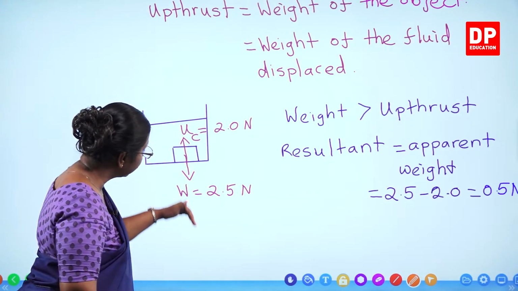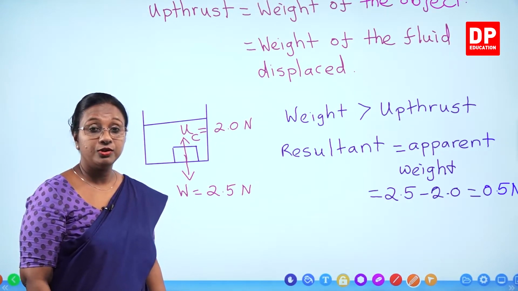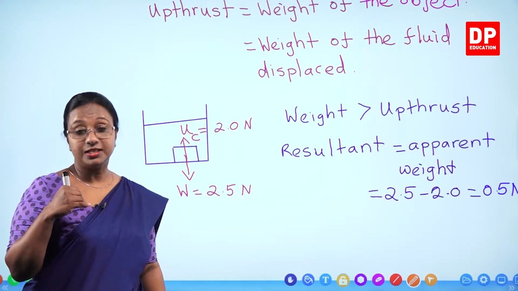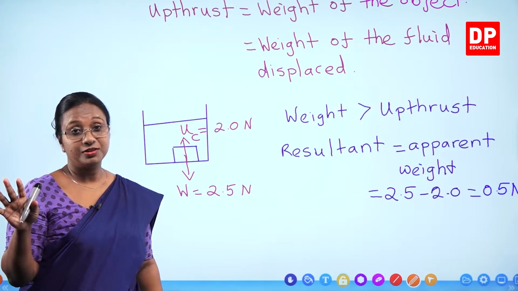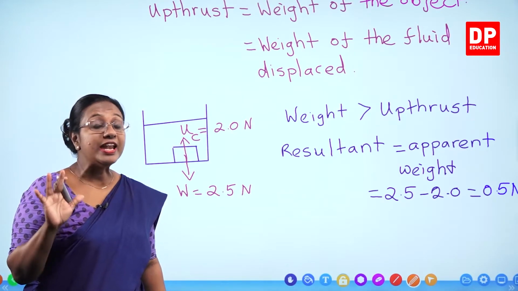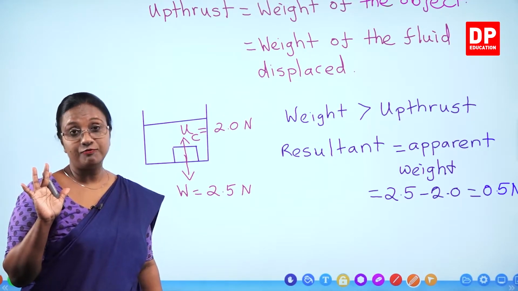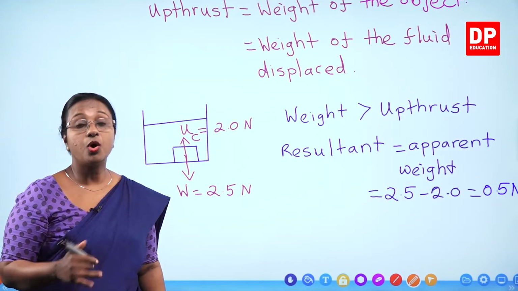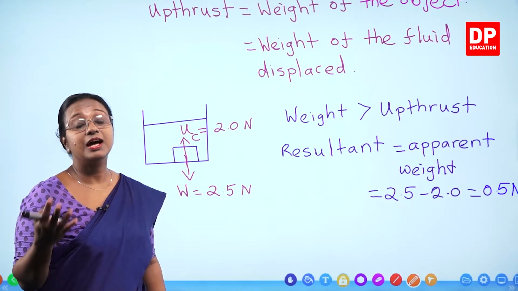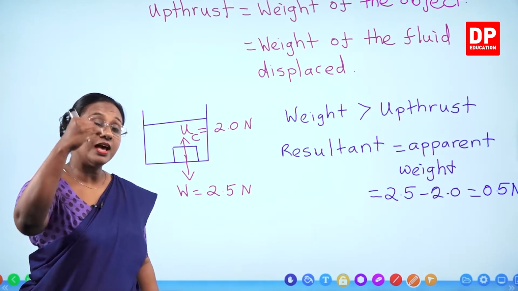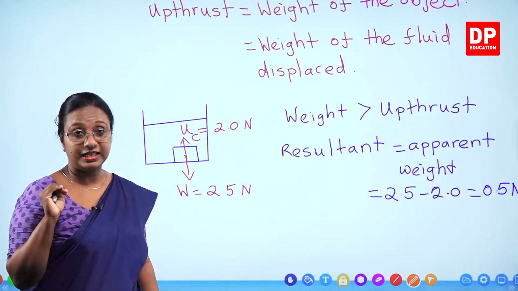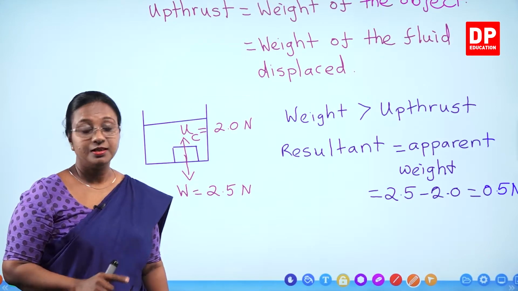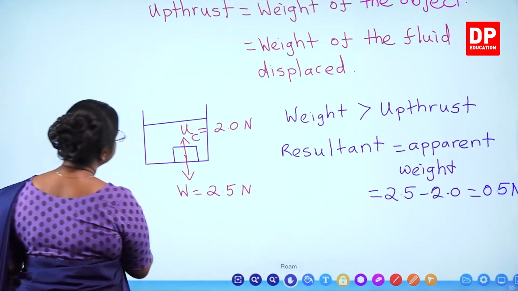So that is why the object goes down. So the weight of the object will be acting on the surface of the container. Is that clear to you all? So when an object sinks in a fluid, the upthrust is less than the weight, or the weight is greater than the upthrust. That is why there is a resultant force acting downwards. That is what we see as the apparent weight. Is that clear to you all?